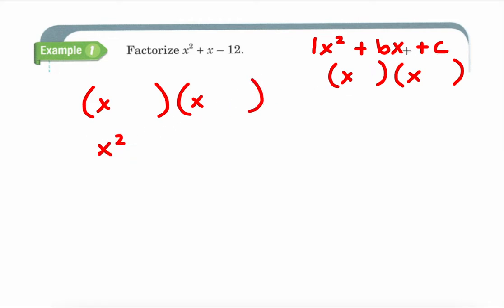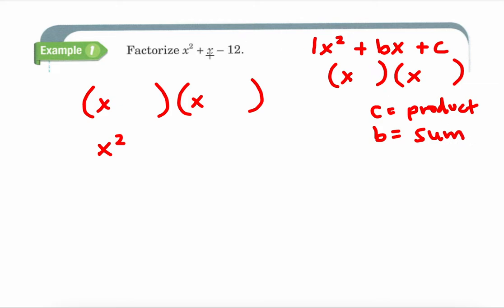Okay, the other thing I remember from my shortcut is that the c, the last term, is going to be the product of whatever two numbers I choose. The b coefficient in the second term is going to have to be the sum of the two numbers I choose.